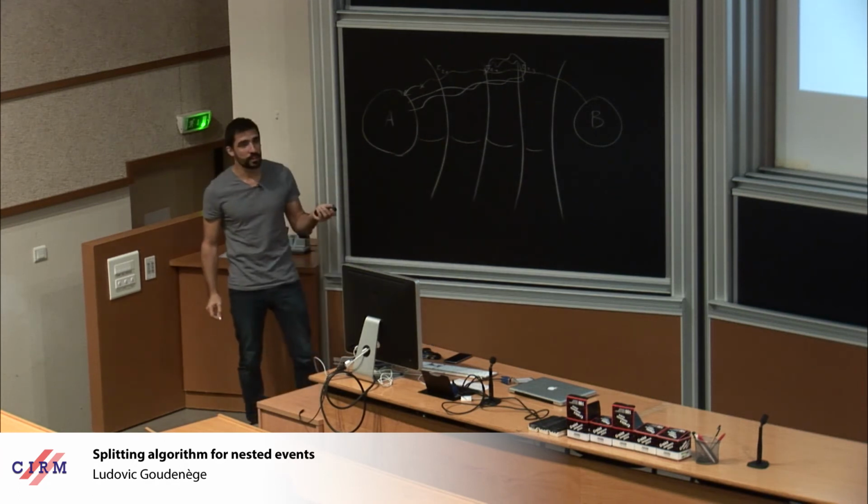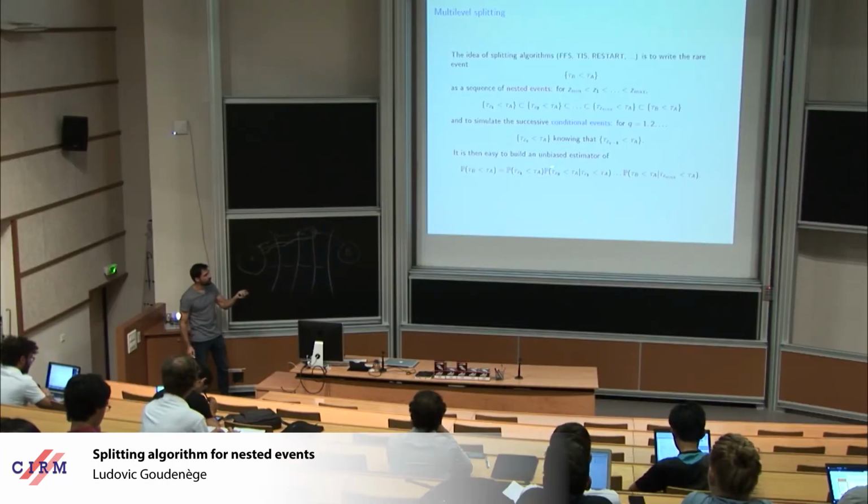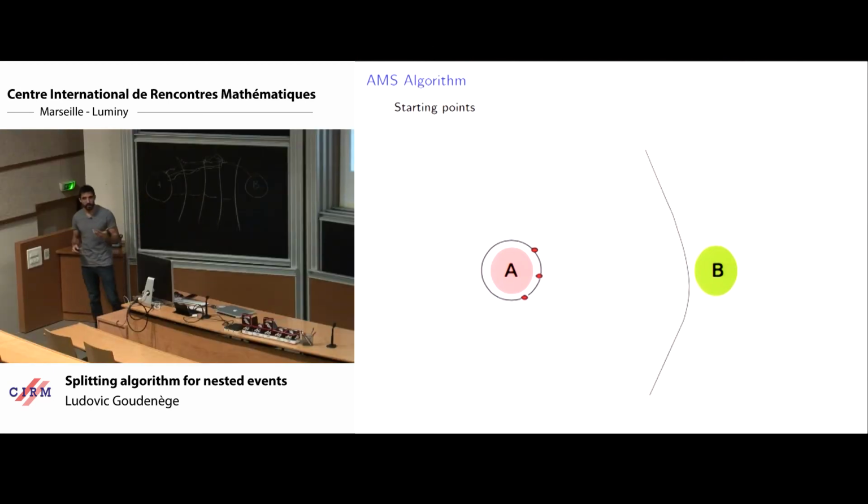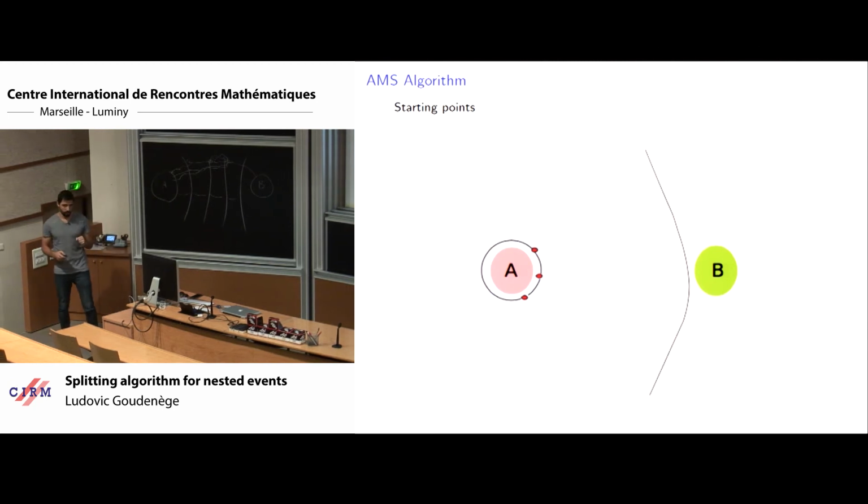It is easier to obtain this probability because it is a product of not so small probabilities. Since we don't want to use a Monte Carlo procedure with a lot of simulation, we have to design an algorithm with a very small number of particles.